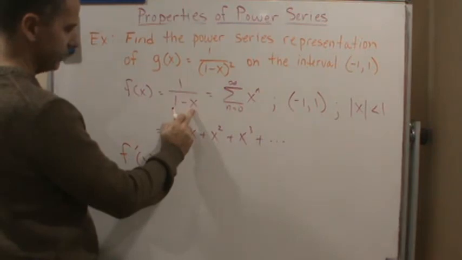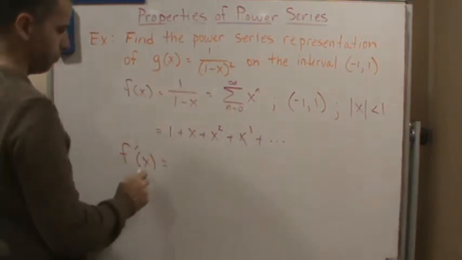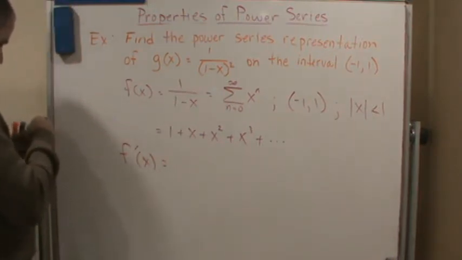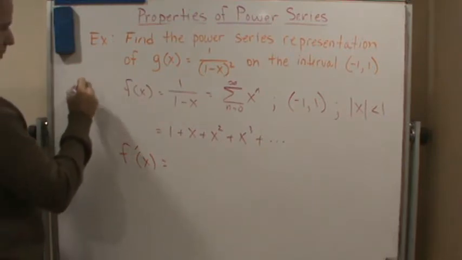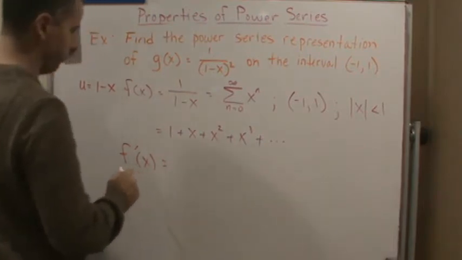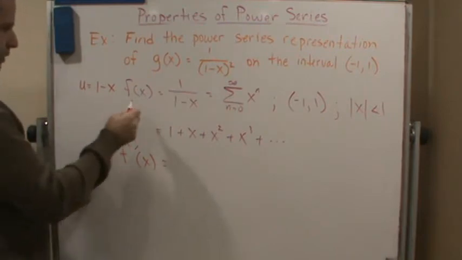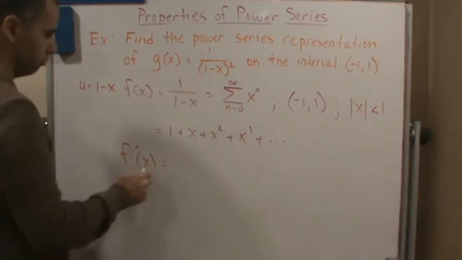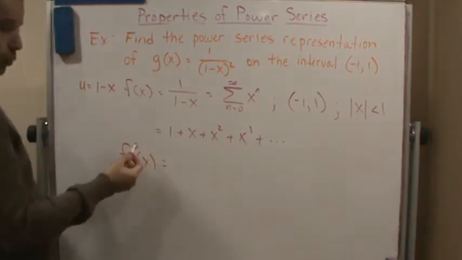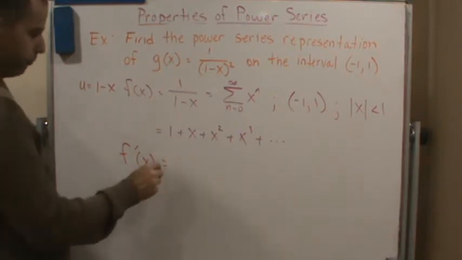If I let u equal 1 minus x, then this becomes 1 over u. And the derivative of 1 over u is what?